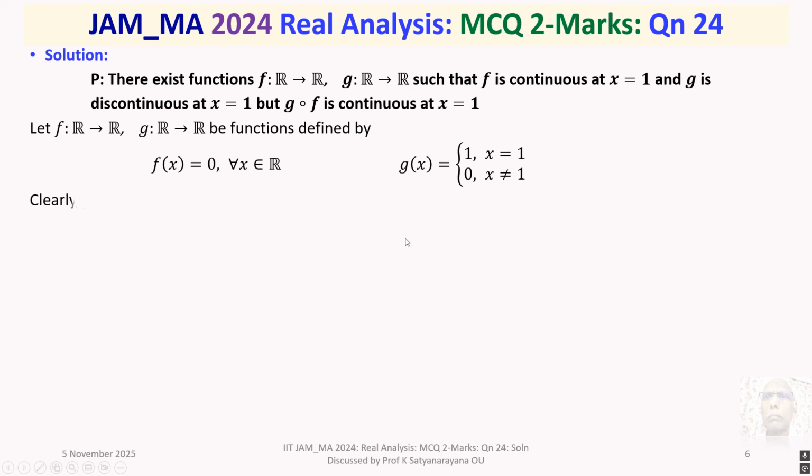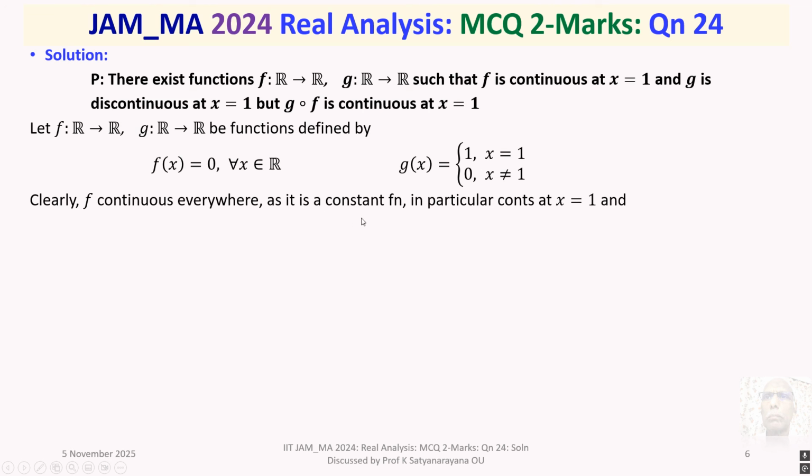Clearly, f is continuous everywhere because it is a constant function, and we know every constant function is continuous everywhere, and in particular it is continuous at x is equal to 1. Because it is continuous everywhere, obviously it is continuous at x is equal to 1.